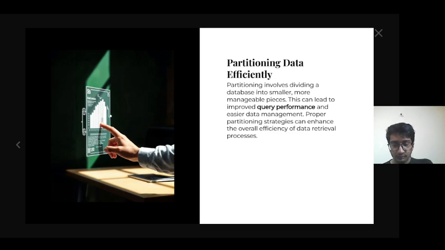So this is also a part of query optimization, which is one of the most important aspects of query processing. And the main goal is to reduce the cost of CPU, memory, disk, and input output. So there are two main approaches to this query optimization. First is the heuristic approach. Second is the cost-based approach.